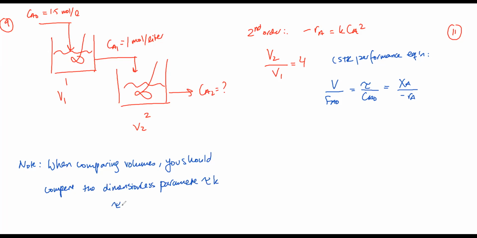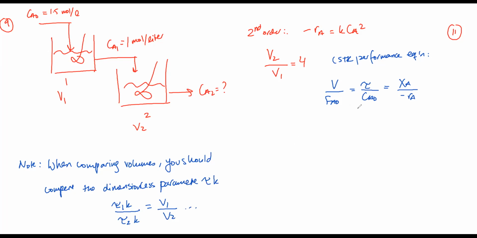So tau 1 k divided by tau 2 k is equal to V1 over V2, and this is what you should use when comparing the volumes. If you remember on the slide, we had the graph on the left-hand side, tau 1 k over tau 2 k. This dimensionless number corresponds to your volume.